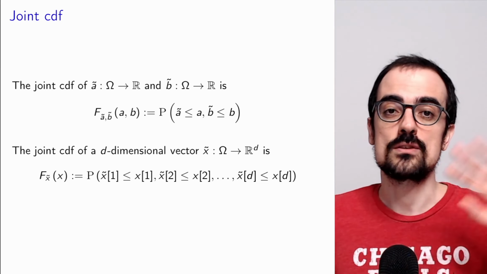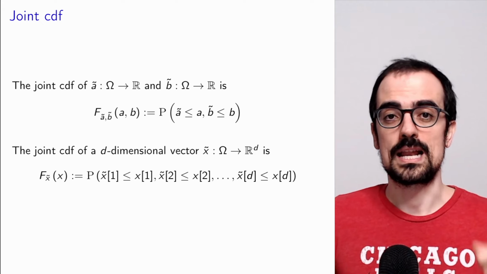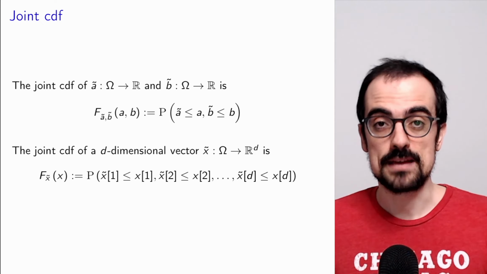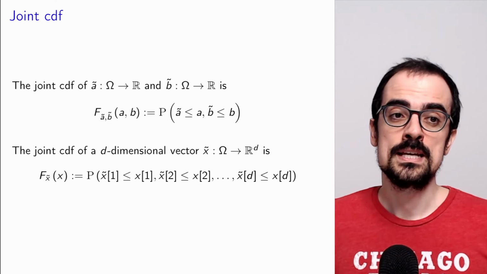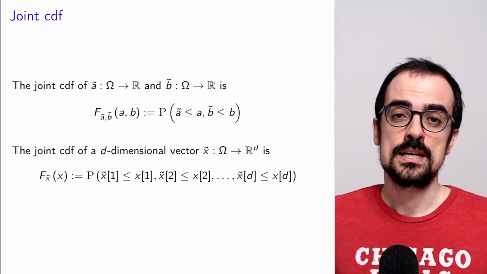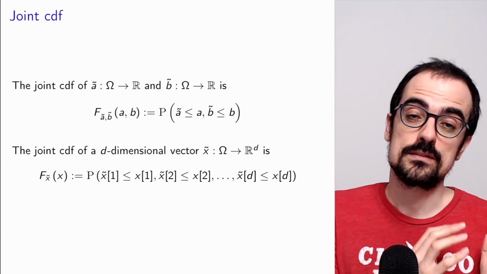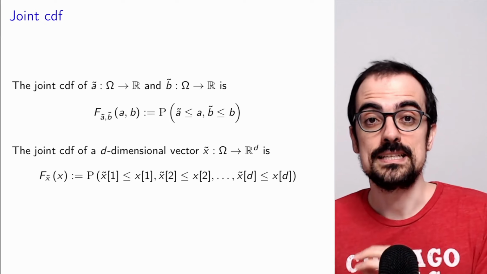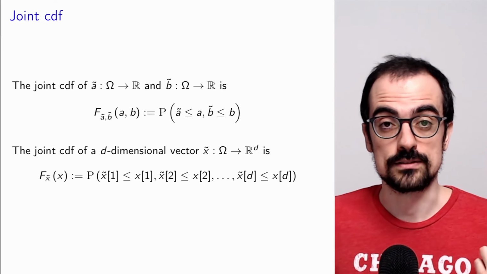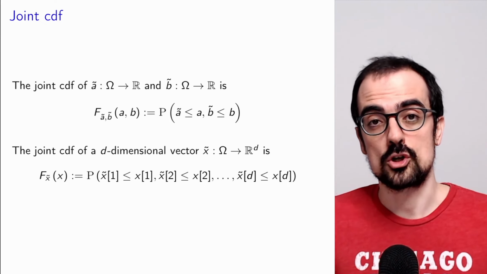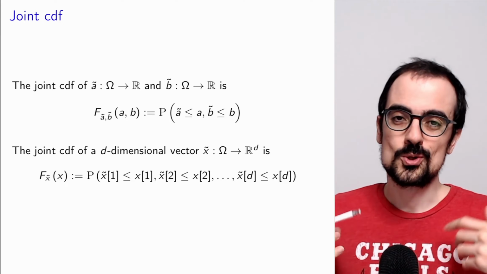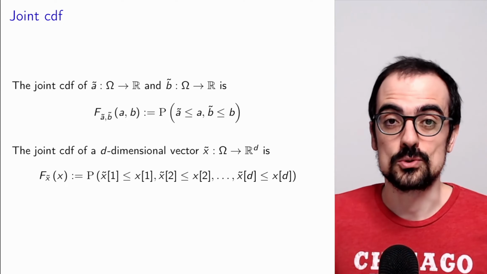Remember that in the case of discrete random variables, these tools were the PMF and then the joint PMF when we had several random variables. In the case of continuous random variables, they're the CDF, the cumulative distribution function, and the probability density function in the case of a single random variable. Now, for multiple continuous random variables, we're going to define generalizations of those two objects.